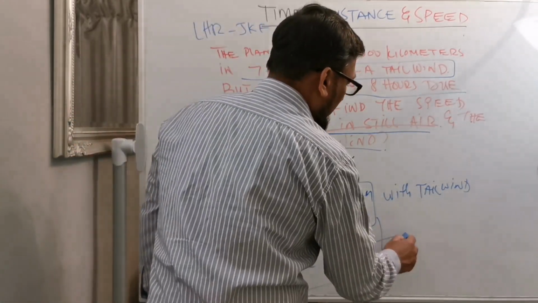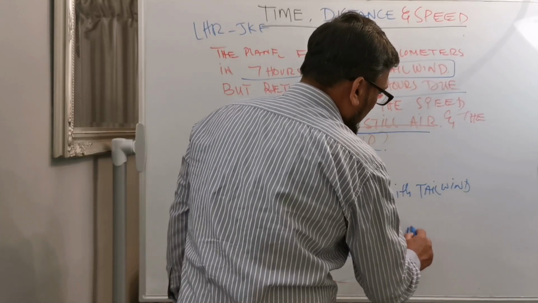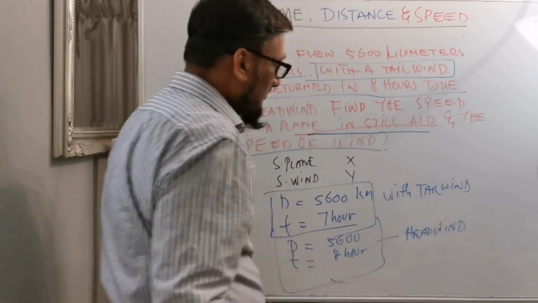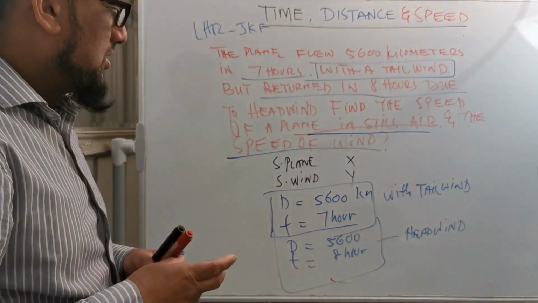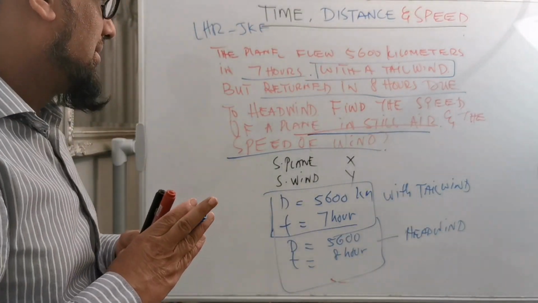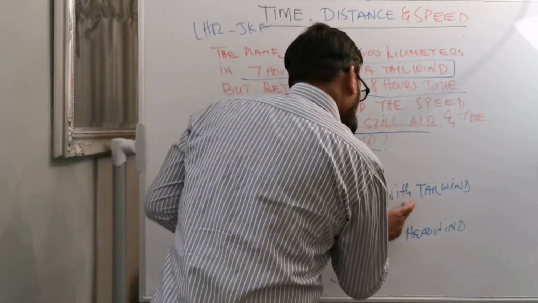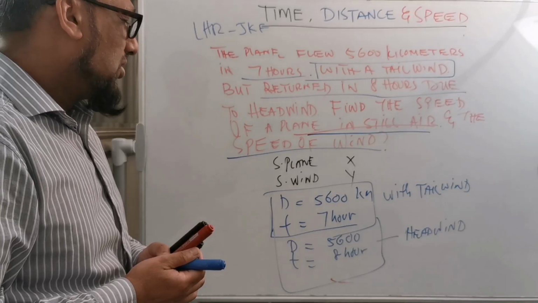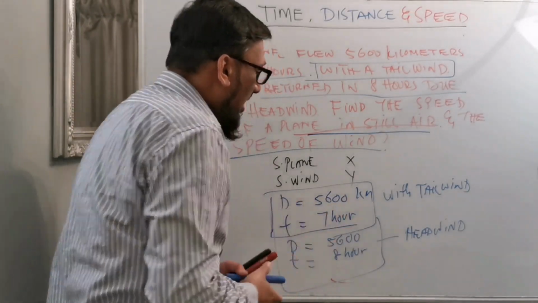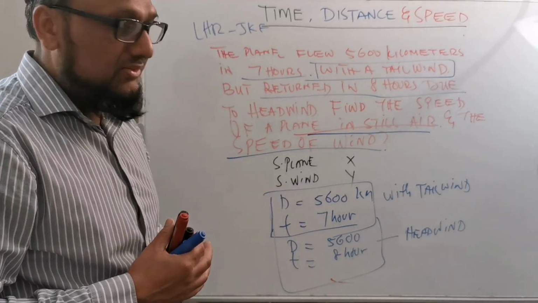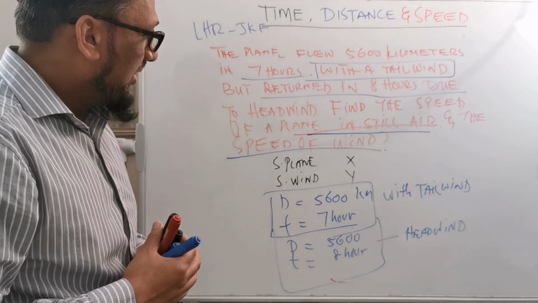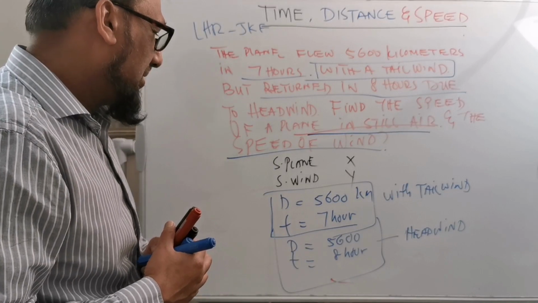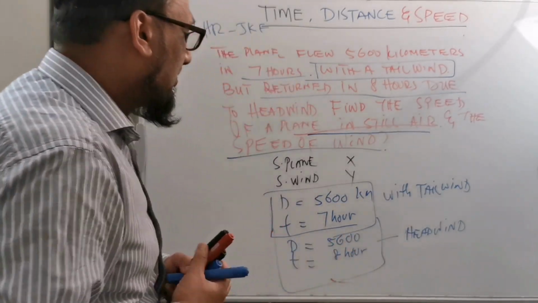Because of headwind. So with wind, the speed is faster, so it arrives in 7 hours. But when the plane is going in the opposite direction of the wind, it took 8 hours to be there.